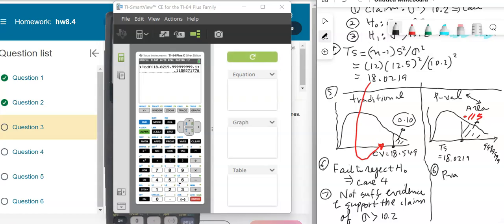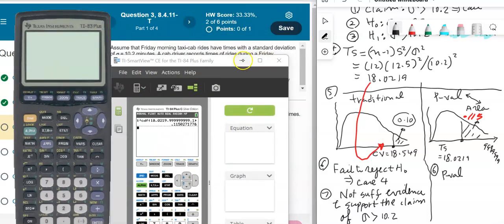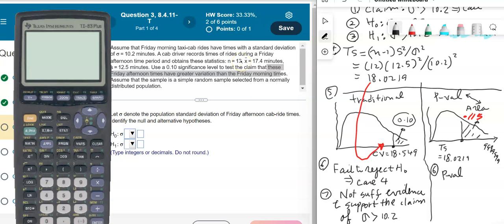Since the p-value is greater than, barely greater than 0.10, because the p-value is 0.115. So same conclusion, okay? So this is the same conclusion.